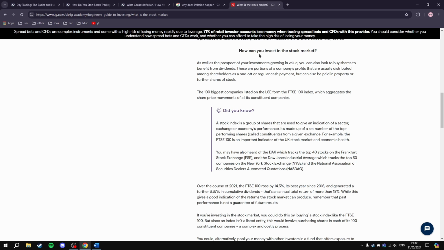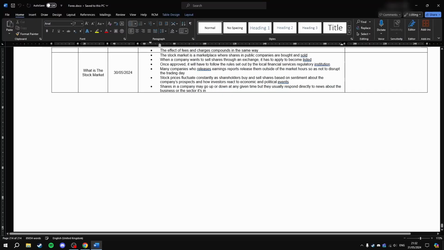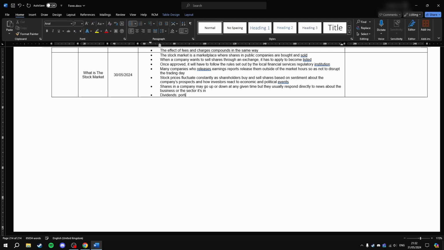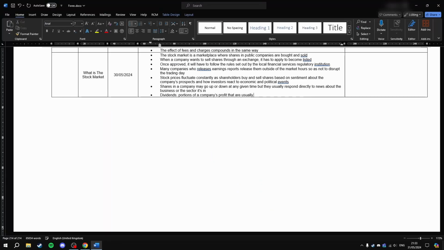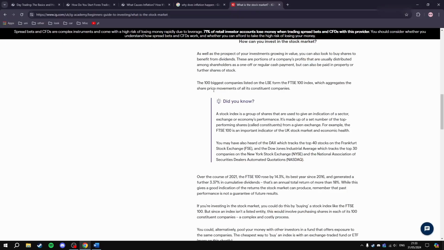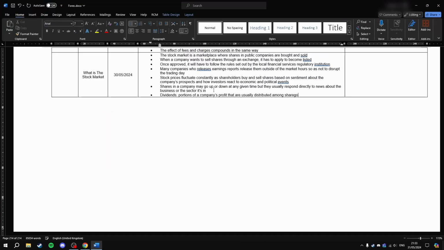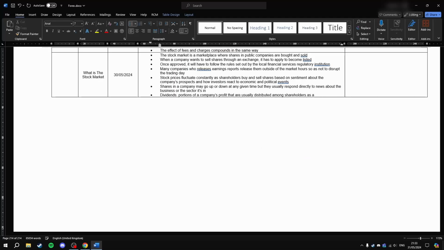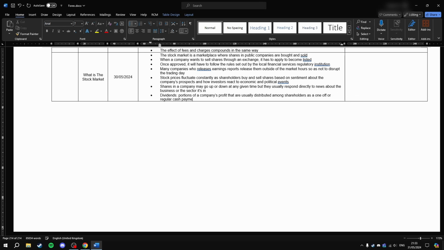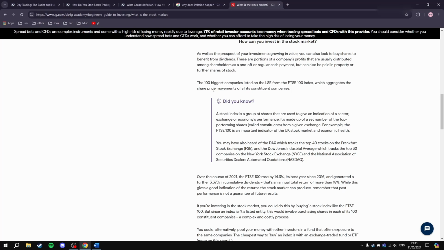These are the portion of a company's profits that are usually distributed among shareholders as a one-off or regular cash payment, but can also be paid in property or further shares of the stock.